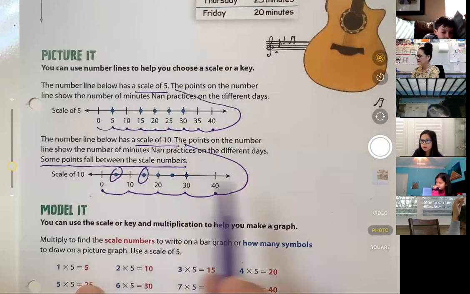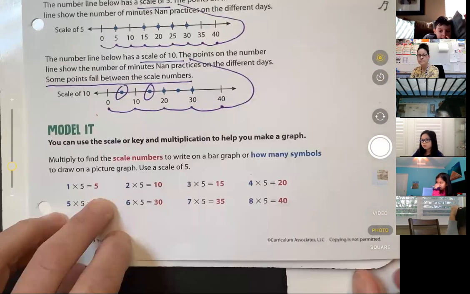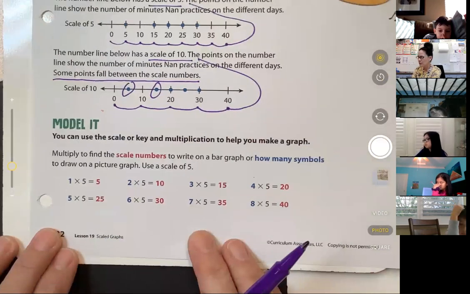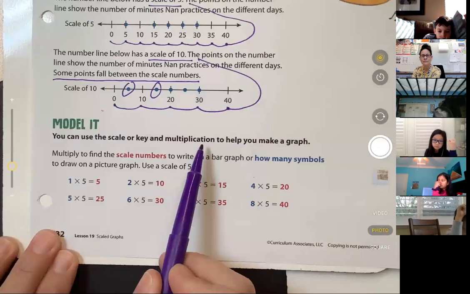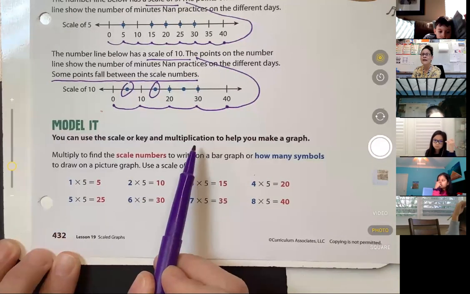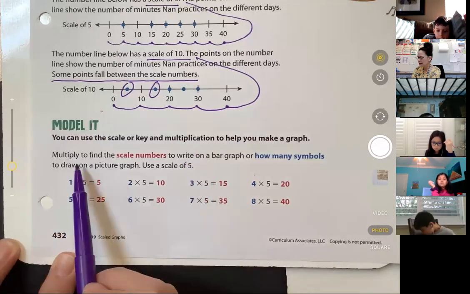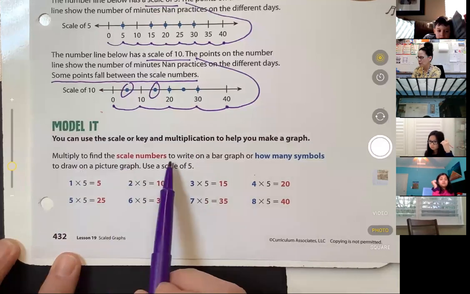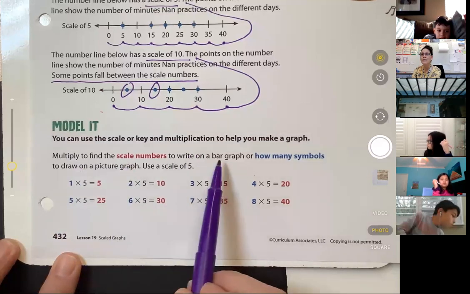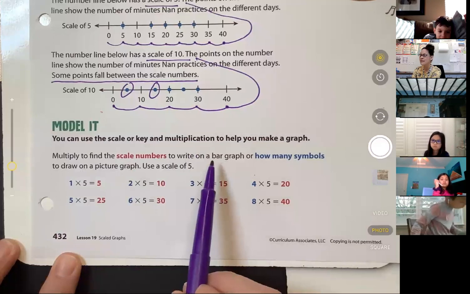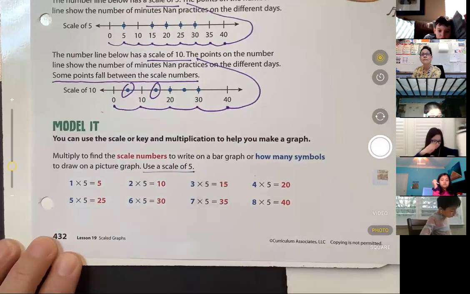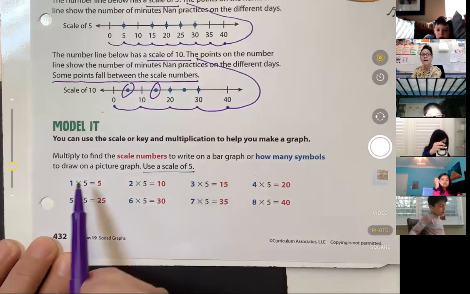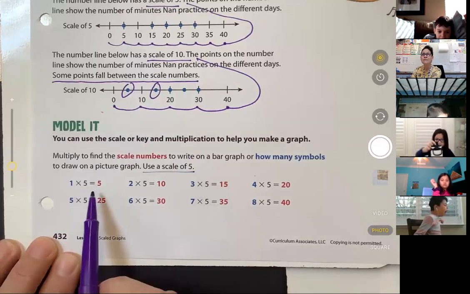Another way to look at this as we model through it, you can use the scale or key and multiplication to help you. So let's try that. Multiply to find the scale numbers to write on a bar graph, or how many symbols to draw on a picture graph using a scale of 5. So we can see that 1 times 5 is 5, right?